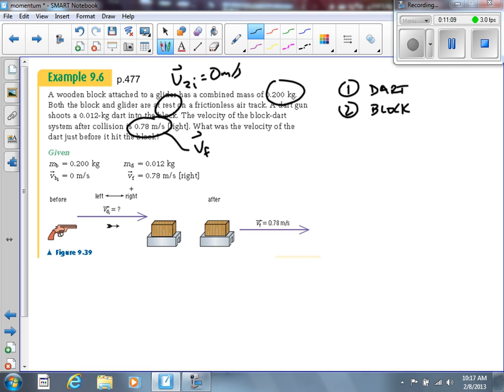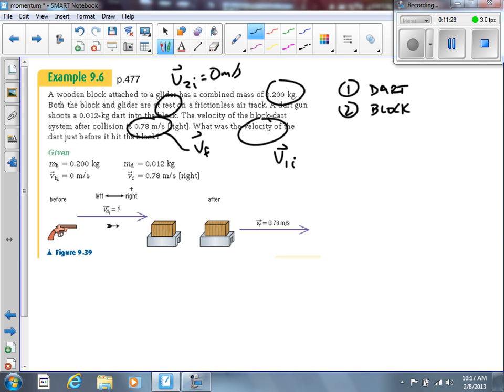We're looking for the velocity of the dart just before it hit the block, so we're looking for V1I. That make sense? We've got V2I, since the block isn't moving, and we're looking for V1I, the velocity of the dart just before it hit the block.